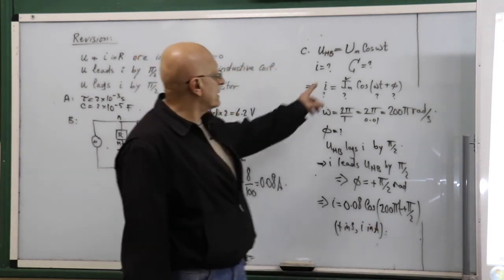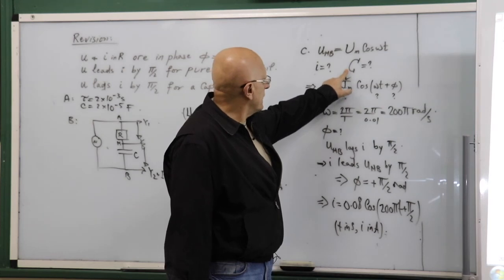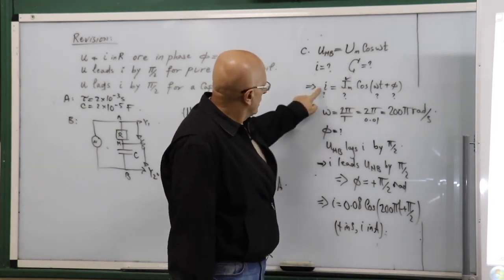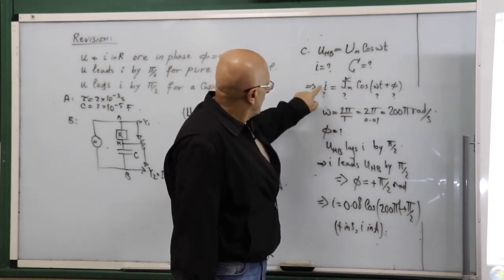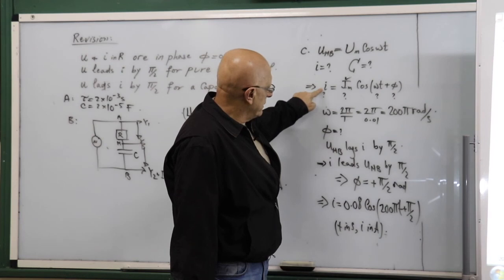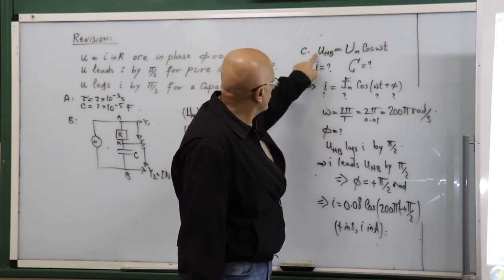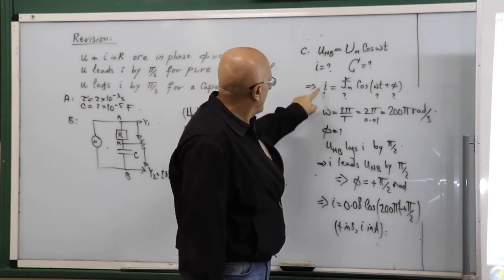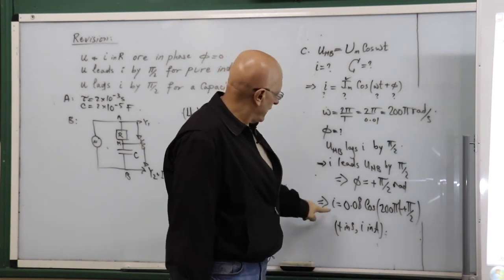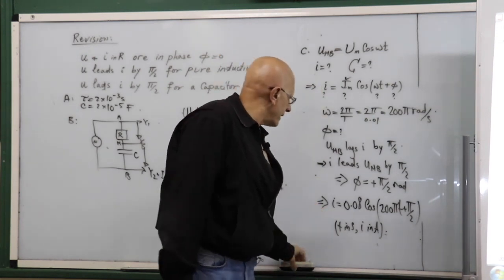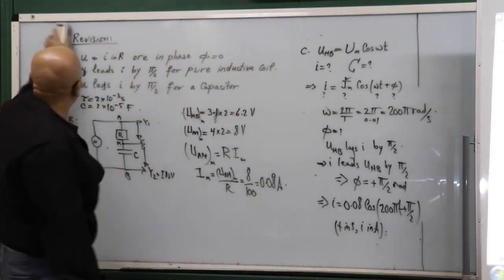Now, how to find C? You have a relation between I and UC. UC is given, and I found I. So what is the relation between them?